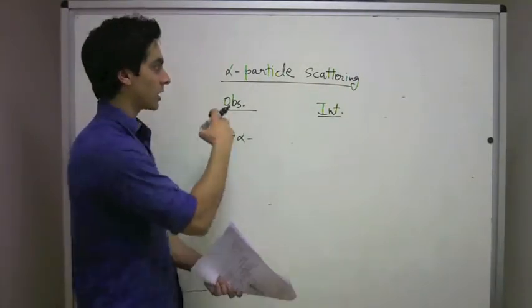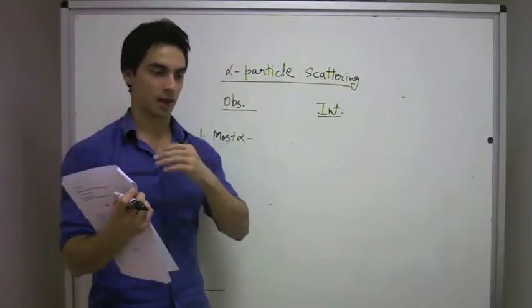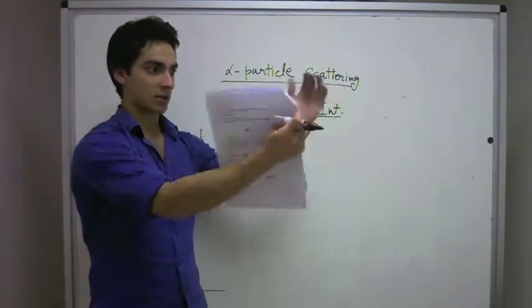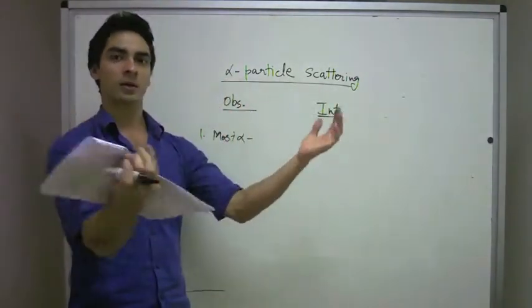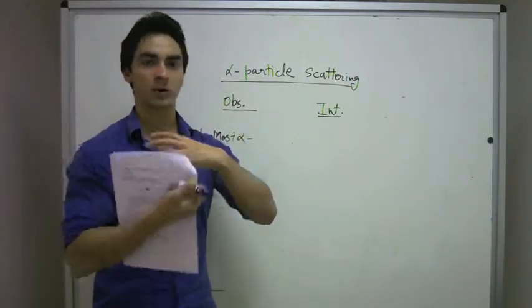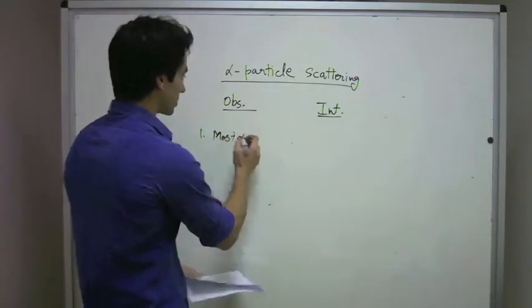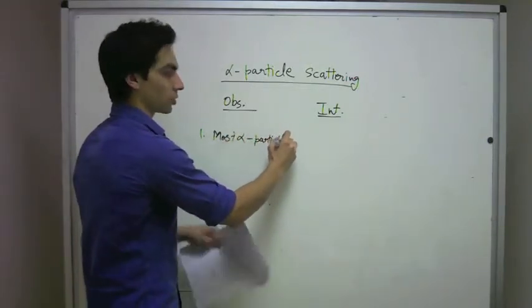Okay, as a background, what happened in this experiment was there's a thin gold foil and alpha particles are basically shot across the gold foil, and there's a detector at the other end, and there's a detector all around in fact, and what they do is they see how the alpha particles scattered when they pass through the gold foil. So the first observation is that most of the alpha particles pass straight through the gold foil.